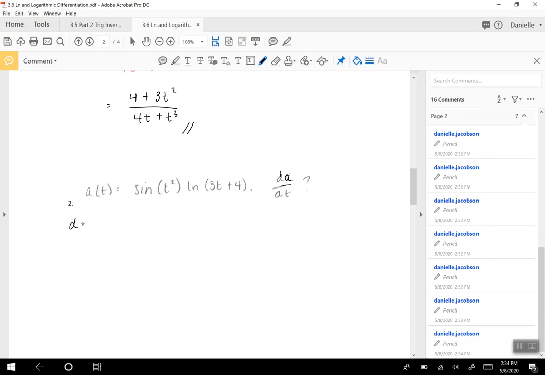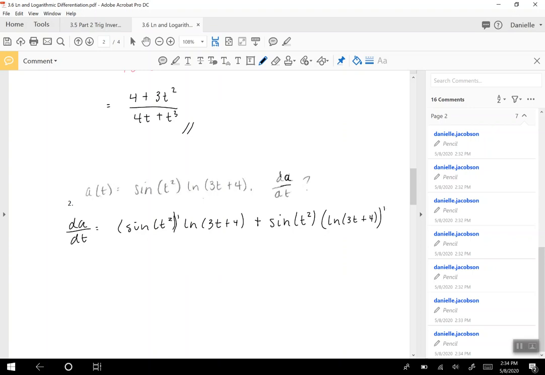Therefore, I get dA dt is equivalent to the derivative of the first, so sine of t squared, all prime, times the second, the natural log of 3t plus 4, plus the first function, sine of t squared, times the derivative of the second, ln of 3t plus 4, prime.